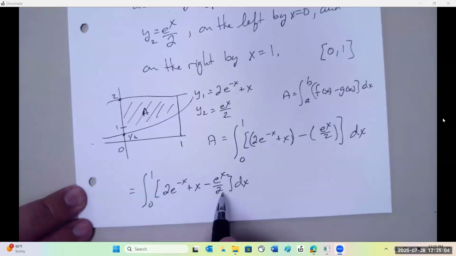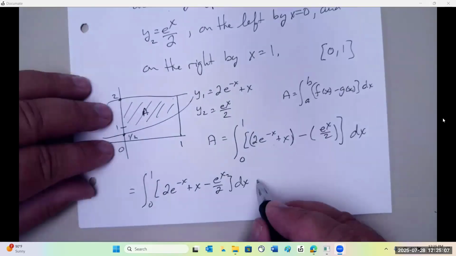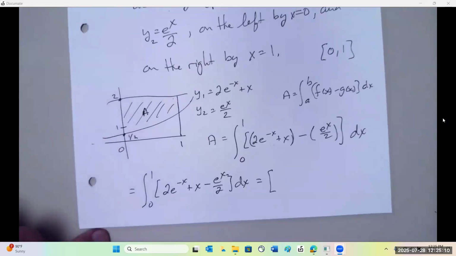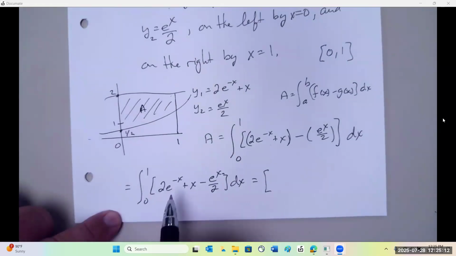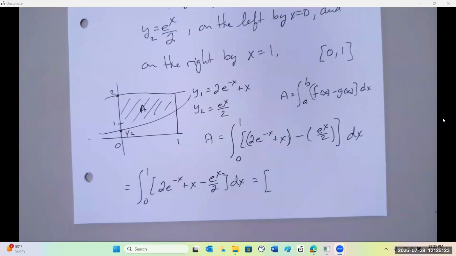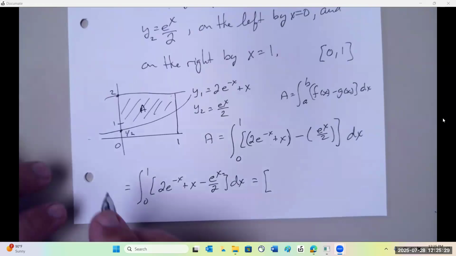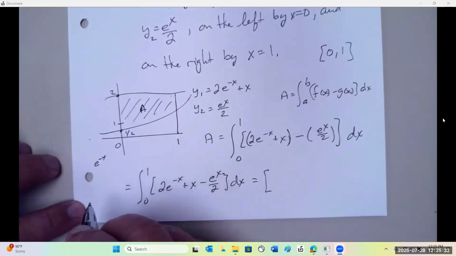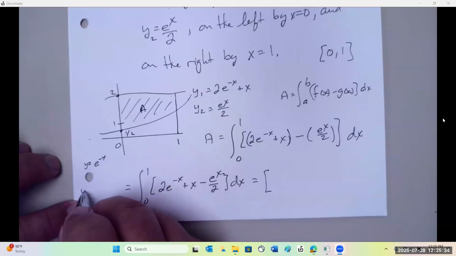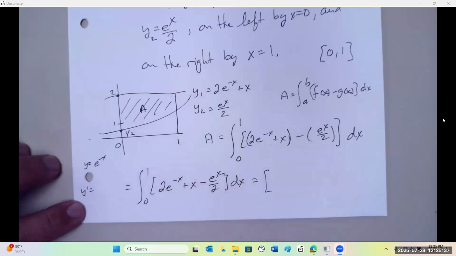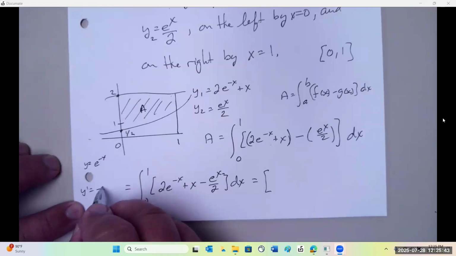So we take the integrals of each of these separately. What is the integral of e to the power negative x? Yes, but now remember, if that's the integral, e to the power negative x, take the derivative of it. So if I had e to the power negative x as my function, what's the derivative of it? Negative e to the negative x.